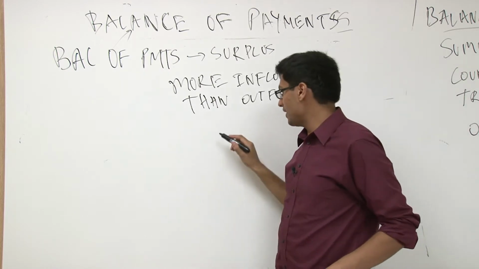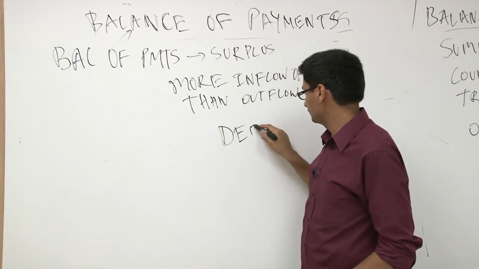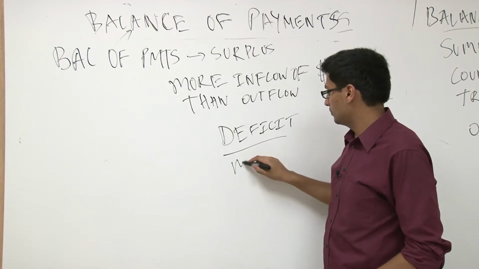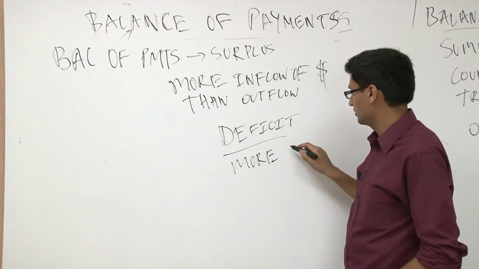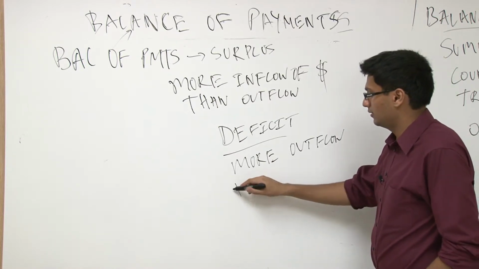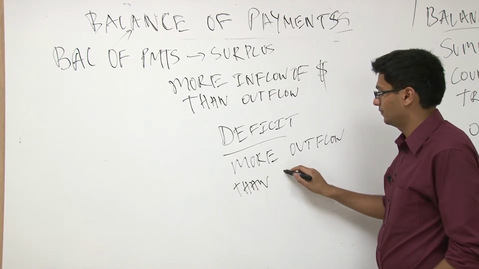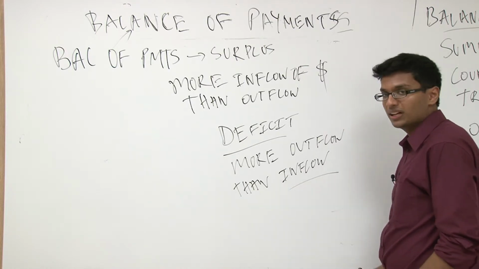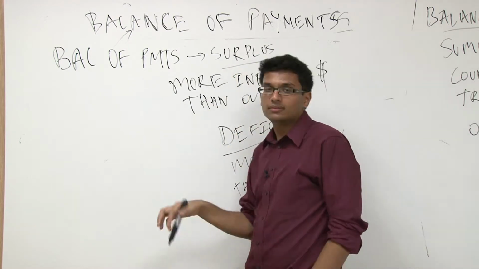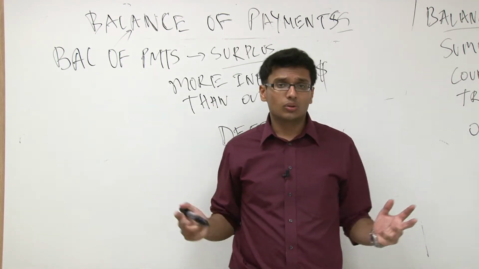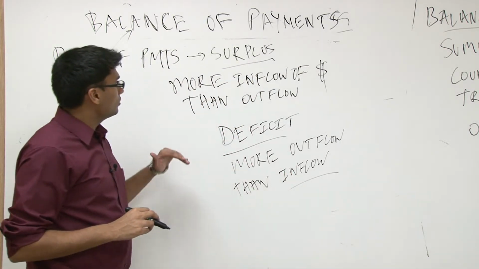And then a deficit would be more outflow than inflow. Great, pretty straightforward. I mean, sort of a dull moment, but you know, we still need to understand it because we need to be clear. So let's talk about a surplus.